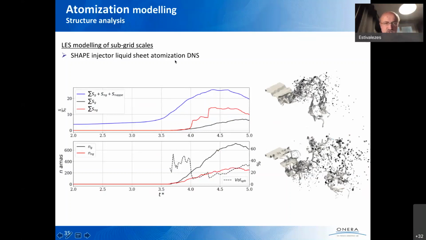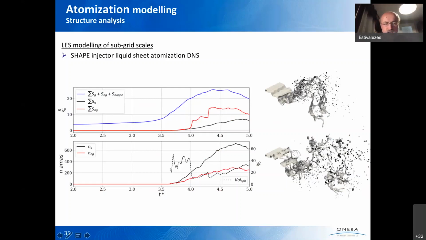So this is the same configuration, with immersed interface, and I only plot here the shape of the liquid part. You can see, depending on the time, the topology of the liquid atomization with primary instability, formation of membranes which are broken, and then ligaments, and then ligaments which are broken into droplets, with some small drops up to quite important drops.